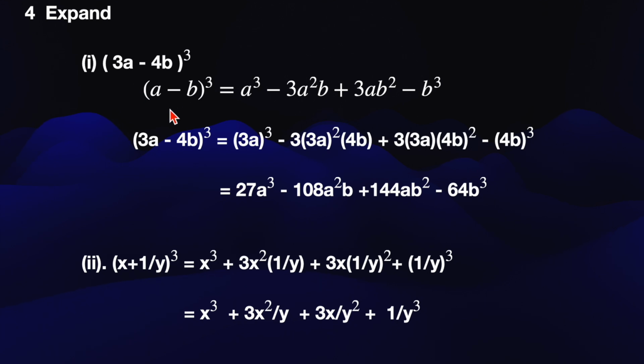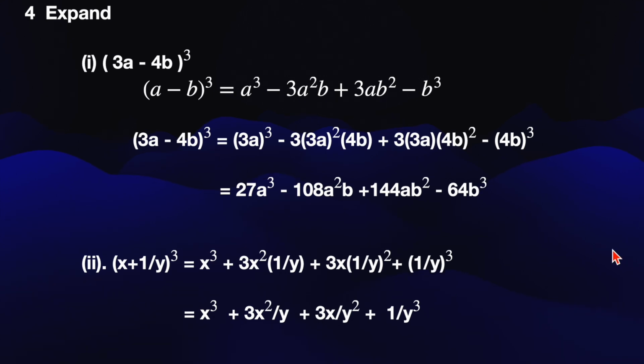Just write down the general formula for this and substitute a as 3a, b as 4b and write it down. You'll get the answer. Here also x cube plus 3x square into 1 upon y plus 3x into 1 upon y whole square plus 1 upon y cube. Open the brackets, you'll get the answer.